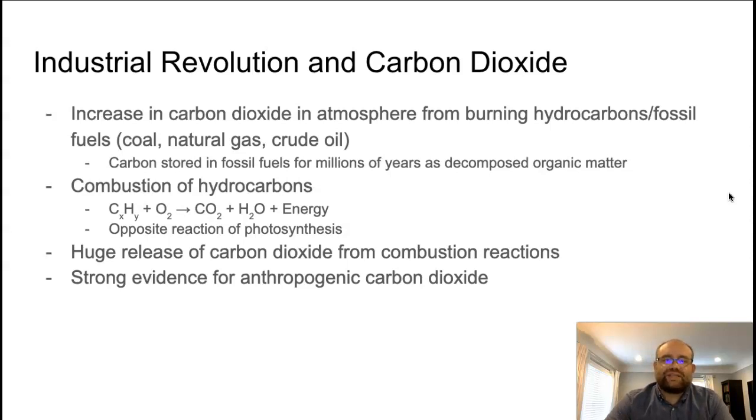When we combust hydrocarbons, the basic formula is some hydrocarbon, CxHy, combines with oxygen to produce carbon dioxide, water vapor, and then energy. We're combusting these fossil fuels not for the carbon dioxide but for the energy. But this huge byproduct during the Industrial Revolution, and still occurring today, is increasing our concentration of carbon dioxide in the atmosphere. This reaction is kind of the opposite of the reaction we see for photosynthesis.